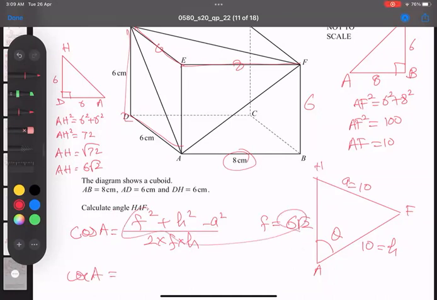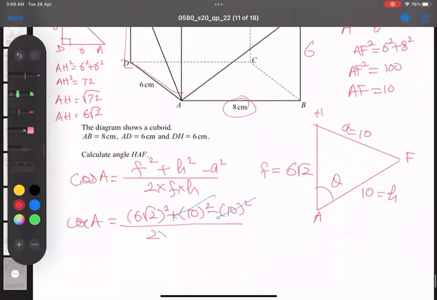Small f value is 6 root 2, so I'm writing here 6 root 2 to the power 2. H is 10 square and a is 10 square, and luckily they cancel out. Anyway, let's go for the denominator: 2 times f, which is 6 root 2, and h, which is 10. I just take a cos inverse.